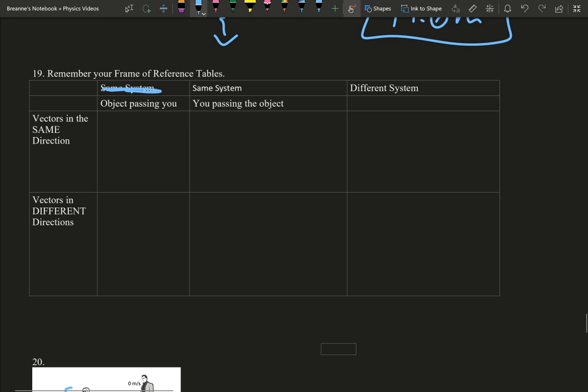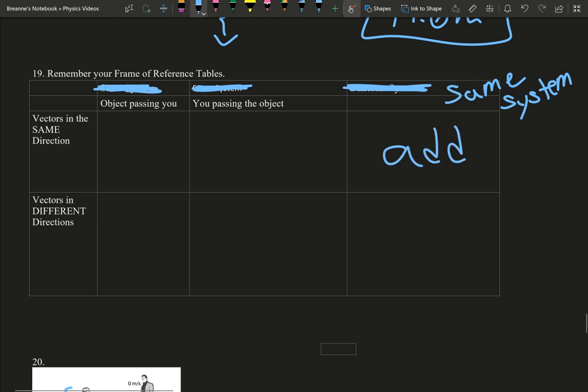So we're just going to mark that out. We're going to make this side same system. So these are going to end up being added. Different directions, so your friend is now trying to keep you from moving, you're going to end up subtracting. And whichever direction they're going is their direction. There's nothing funky with your direction here.